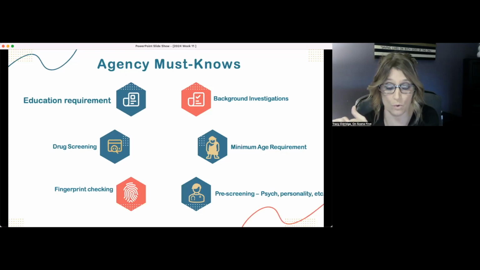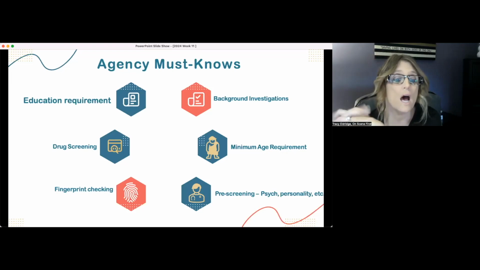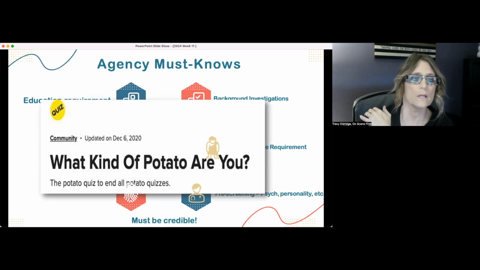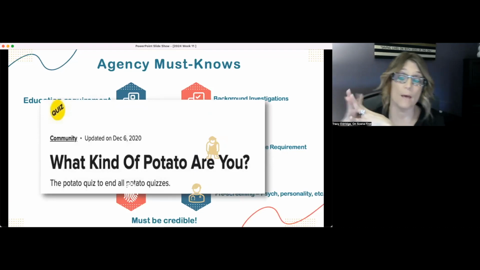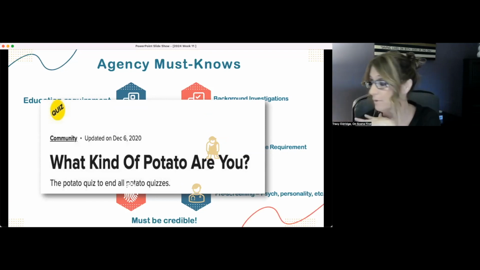And I'll give you the age discrimination in just a little bit. Will there be fingerprinting that is done, and is there pre-screening, psych tests, personality exams, etc.? And they have to be credible, not like this type of situation, like what type of potato are you? They have to be a credible source.